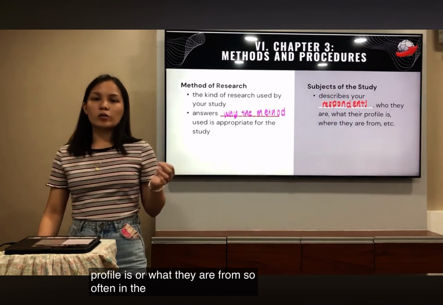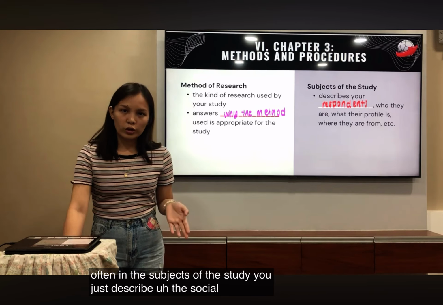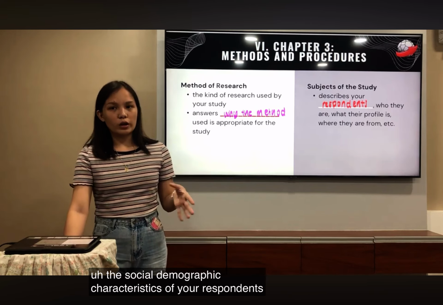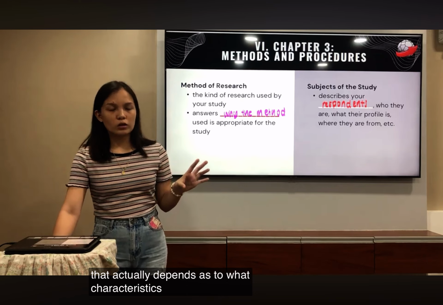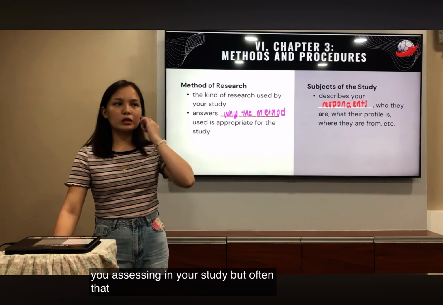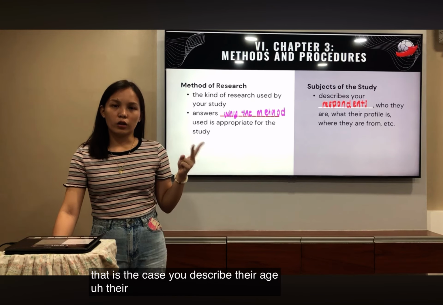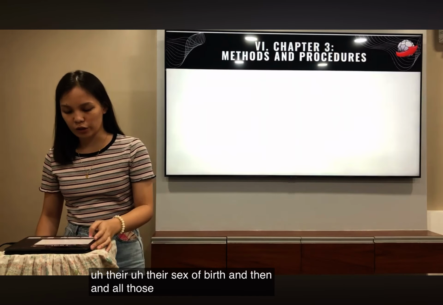So often in the subjects of the study, you just describe the social demographic characteristics of your respondents. Well, that actually depends as to what characteristics of the population are you assessing in your study. But often that is the case. You describe their age, their sex at birth, and all those information.